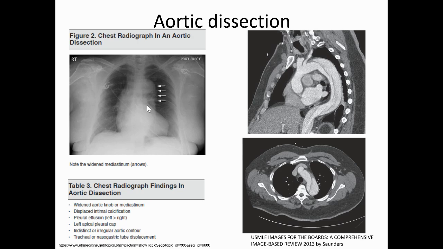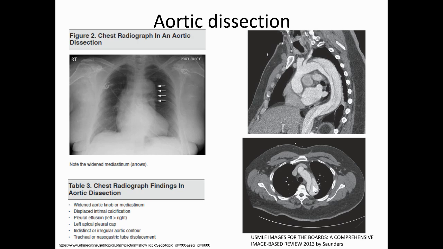We might suspect it if the mediastinum is widened or the aortic knob is widened, if there is pleural effusion, but it's very difficult. CT is much better because with CT you can see the intimal flap, so the border between the normal lumen and the abnormal lumen.